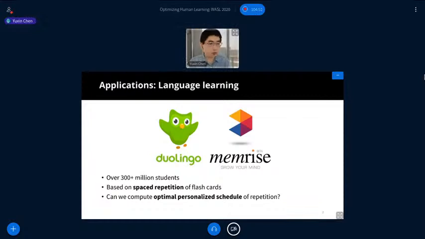The goal for this project and for language learning automation in general is to find an optimal personalized scheme for repetition, so that we can design the best teaching policy to make the teaching practical.